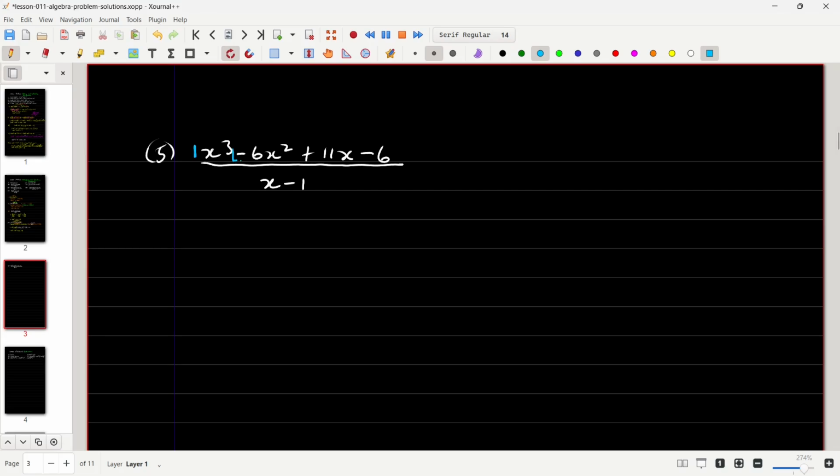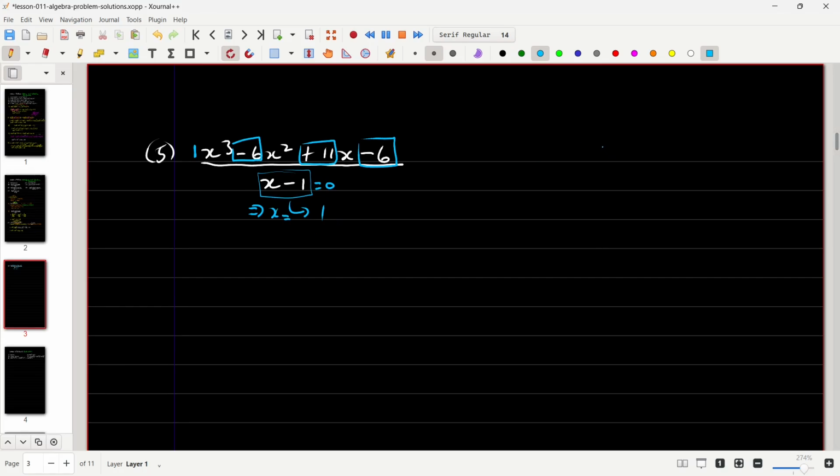So 1, negative 6, positive 11, and then negative 6. And then from this, I get that what I'm dividing by is supposed to be a 1. All right. So I'm just going to solve this with x minus 1 equal to 0. And that would imply that x is going to be equal to 1.